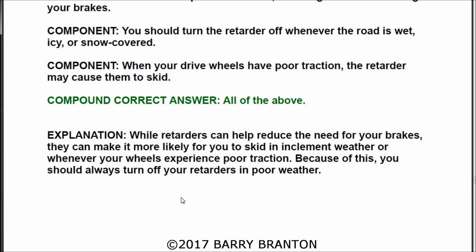While retarders can help reduce the need for your brakes, they can make it more likely for you to skid in inclement weather, or whenever your wheels experience poor traction. Because of this, you should always turn off your retarders in poor weather.